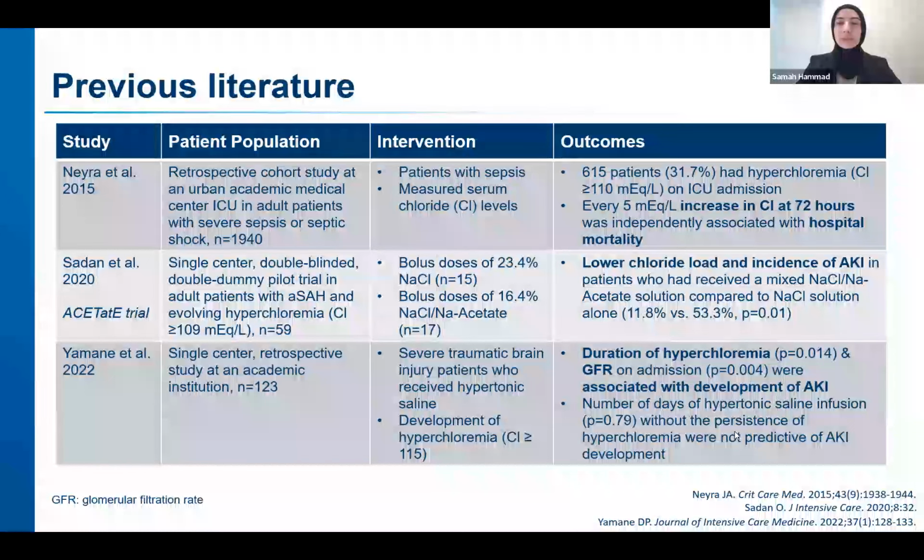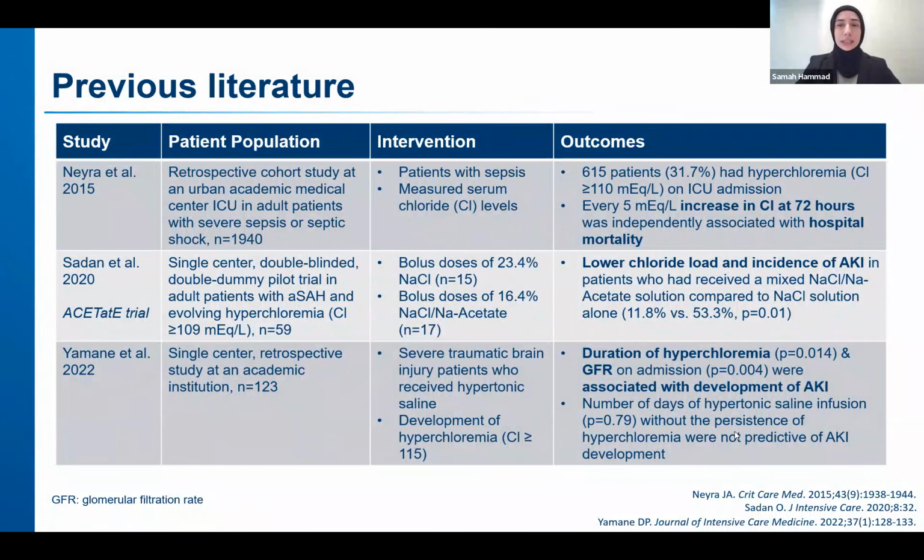Then the acetate trial was published in 2020, and this looked at bolus doses of 23.4% sodium chloride versus bolus doses of buffered sodium chloride, sodium acetate in patients with aneurysmal subarachnoid hemorrhage and evolving hyperchloremia.